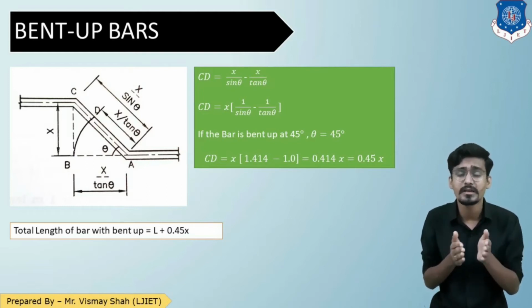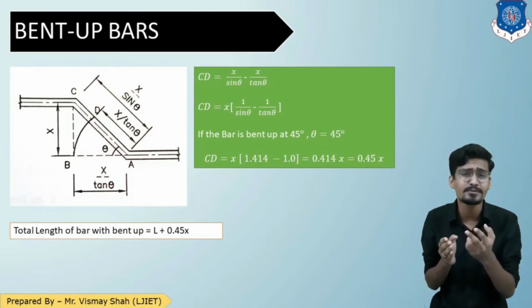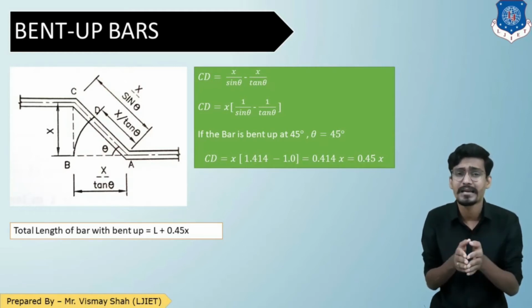The overall total length will be L plus 0.45x for a single bent up. If there are 2 bent ups in a single bar, you take 2 into 0.45, so 0.9x.